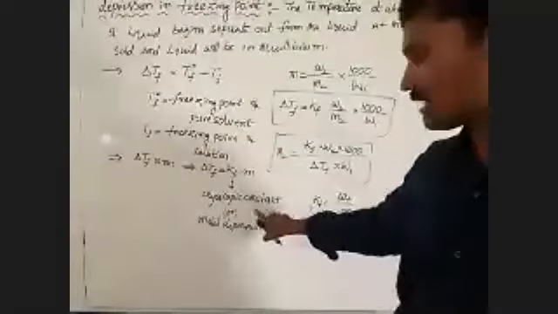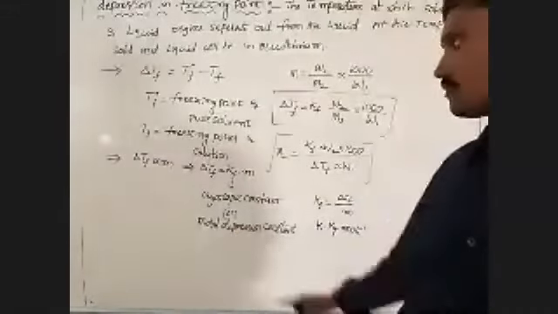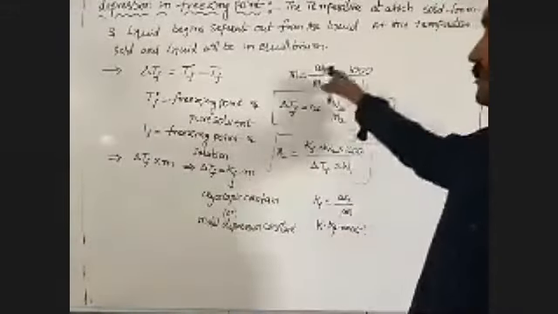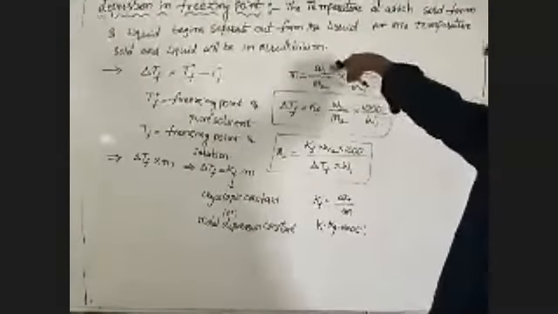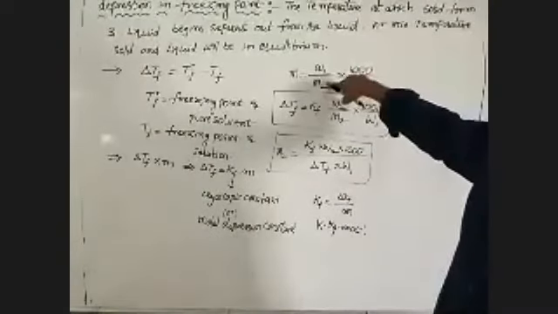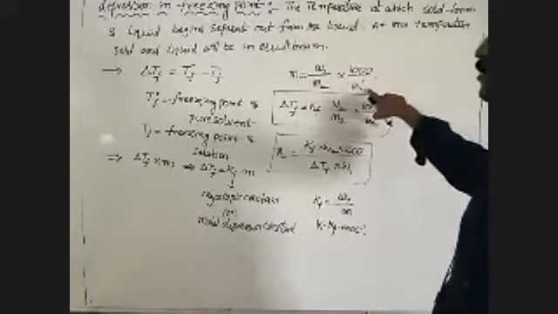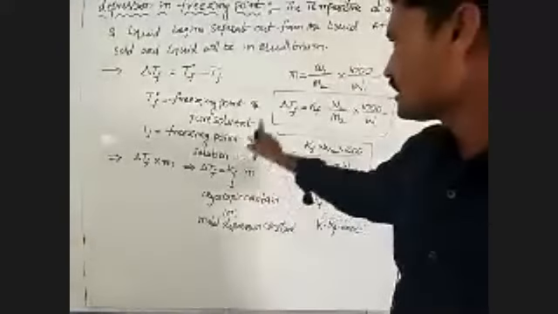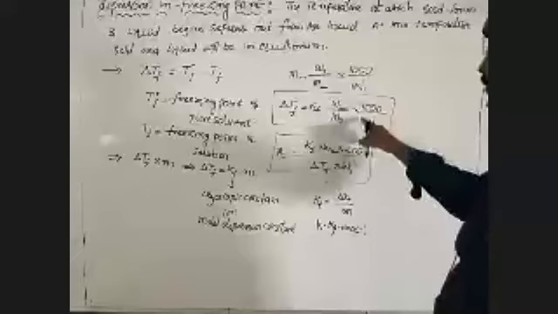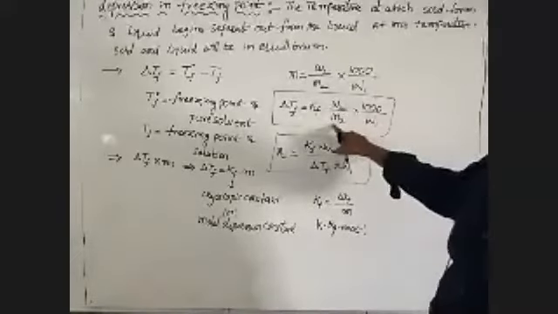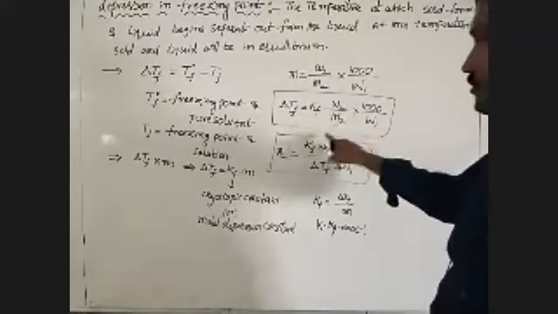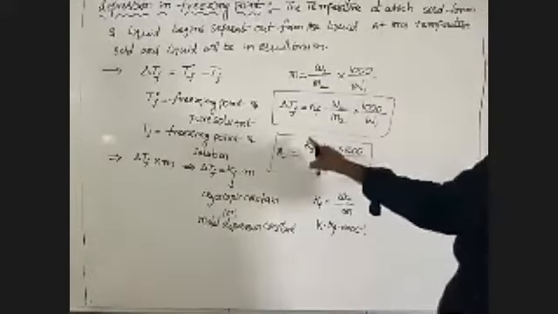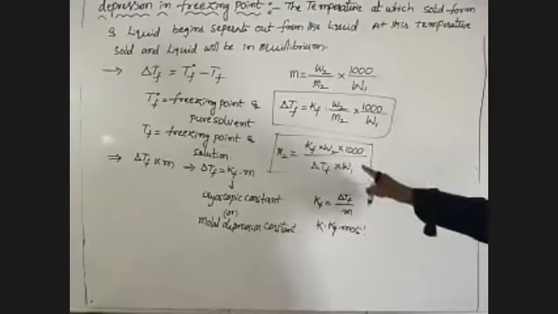Molality m is equal to, W2 grams of solute containing molar mass M2 dissolving in W1 grams of solvent, that means W2 by M2 into 1000 by W1. Substituting the m value, delta Tf is equal to Kf W2 by M2 into 1000 by W1. From this formula we can calculate the molar mass of the solute. That means M2 is equal to Kf into W2 into 1000 by delta Tf into W1.